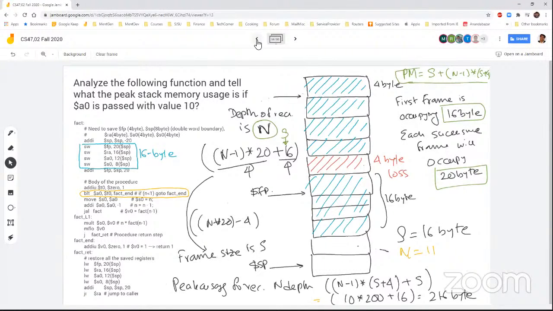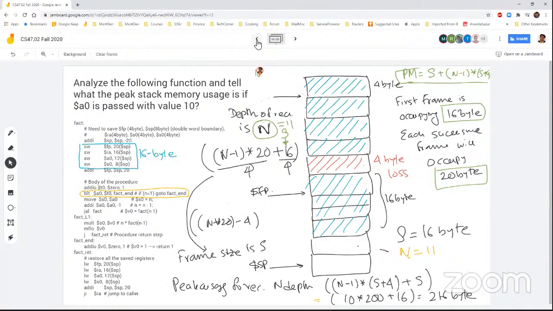And calculate it. So for this specific example, what we determine, my n is 11, because if it is going lower than 1, then it is my base condition. So that's why factorial of 10 will actually create 11 frames onto my stack pointer, and then we can use this formula to get the peak memory size.